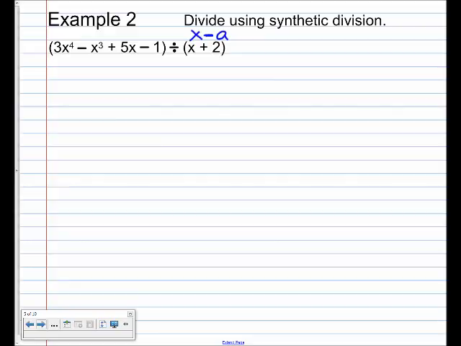But I'm not worried about that as long as it says x to the first power. Does it say x to the first power? Yeah. It does. So my a, this is the tricky part, my a is not going to be 2. My a is going to be -2. So put that in the corner. We're going to put -2 in the corner.